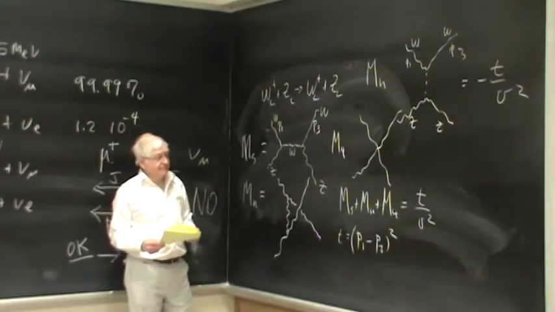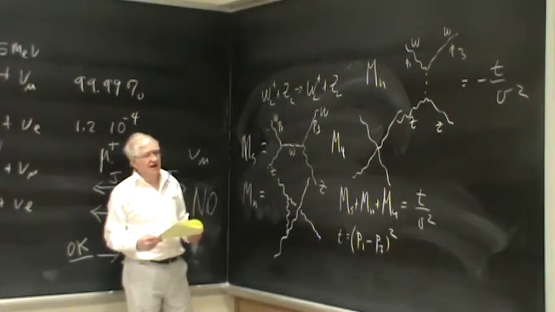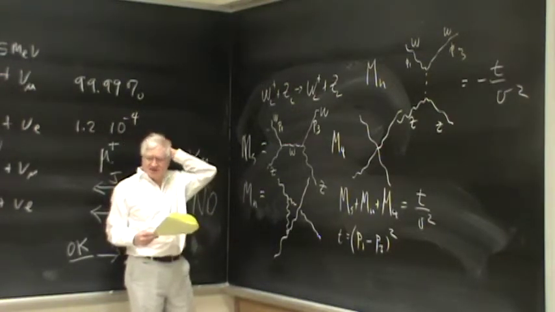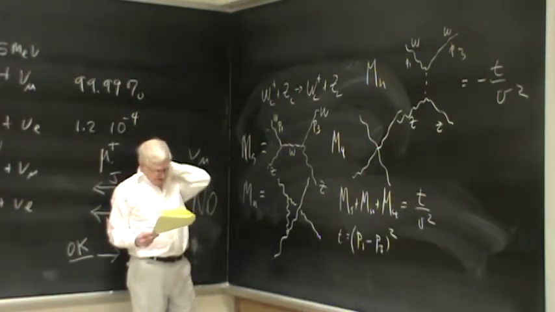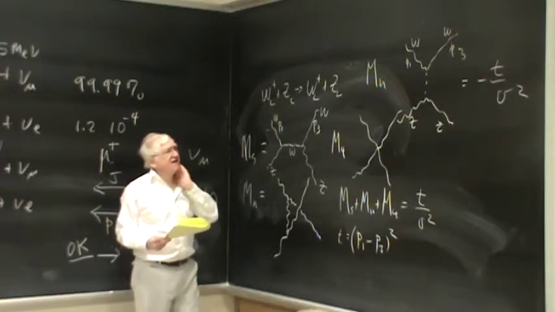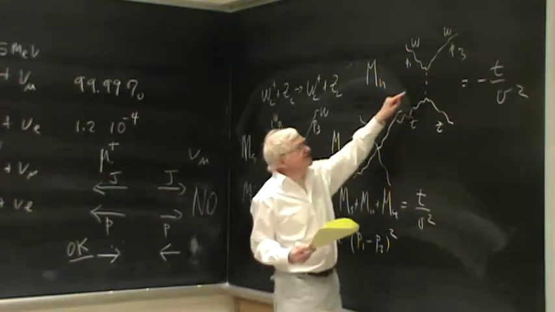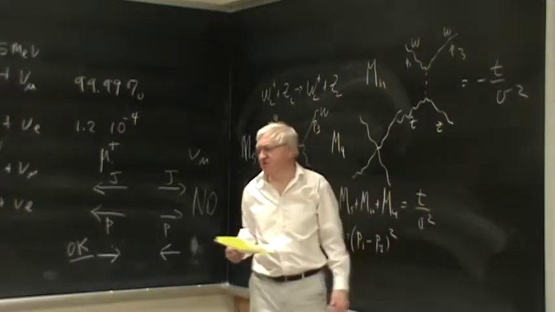And this even provided people with a bound on how massive the Higgs could be before it was discovered. Because what they realized was that if the Higgs was too massive, this term wouldn't play a role until you were at very high energies.